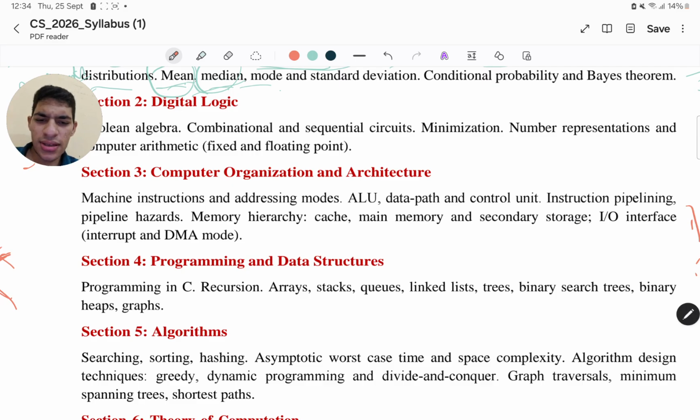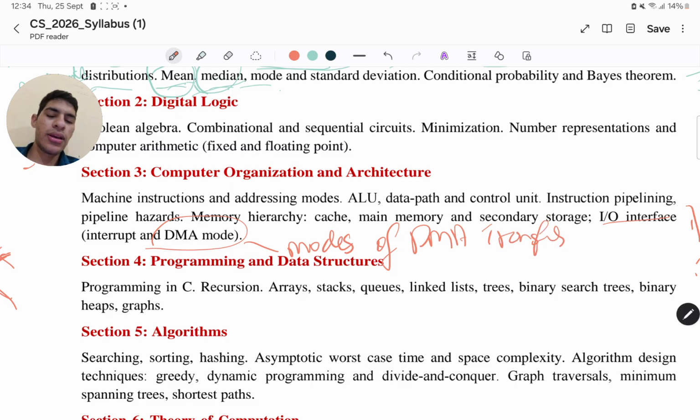Okay. Then you have the second story, I/O devices. DMA is also a pretty famous question in their eyes. They might ask which modes of DMA transfer are there, so you need to learn the modes of DMA transfer. There are different modes like cycle stealing mode, then you have the burst transfer mode, and something like that.